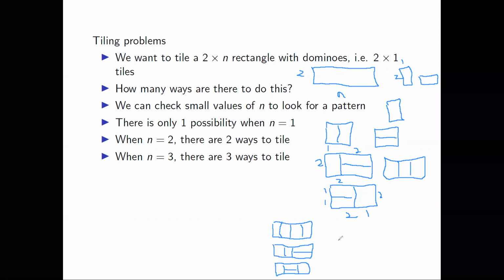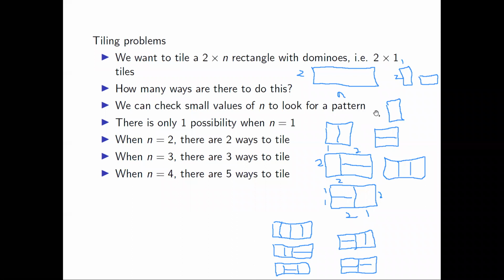Another possibility is the first 2 columns horizontal and the last 2 vertical, or everything horizontal. So for n equals 4, we got 5 ways to tile it.